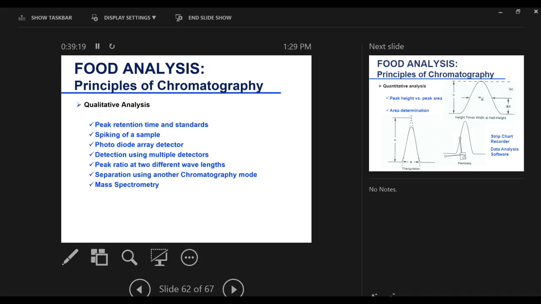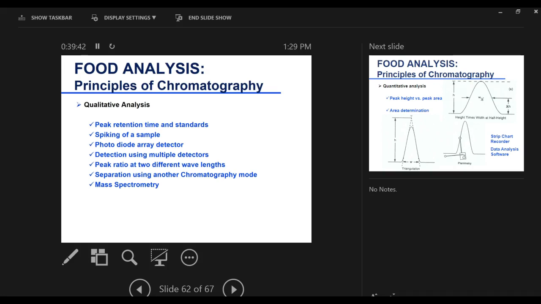So each compound will have a different absorption at different wavelengths. In this case, you have the signal or the absorption here, and here you have a range, let's say 200 nanometers to 400 nanometers, just your UV range.